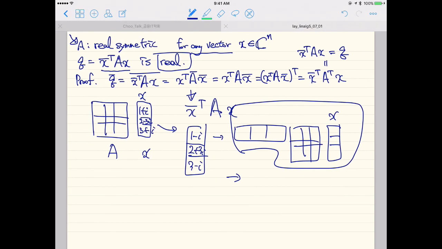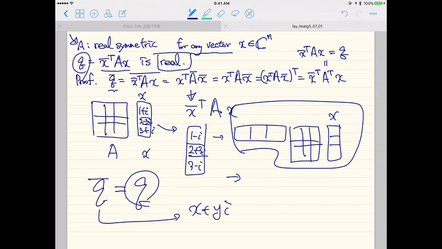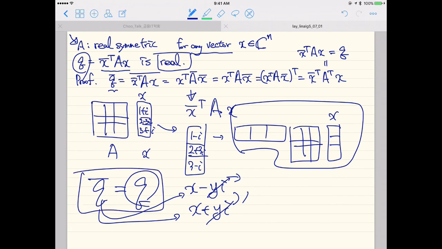So let's think, in order to prove this guy is real, we have to prove that Q conjugate is the same as Q. Suppose Q is x plus yi, and then Q conjugate, or Q bar, is x minus yi. If they are the same, then this guy will be a 0, right? So if we prove this guy, then we can prove Q is real.